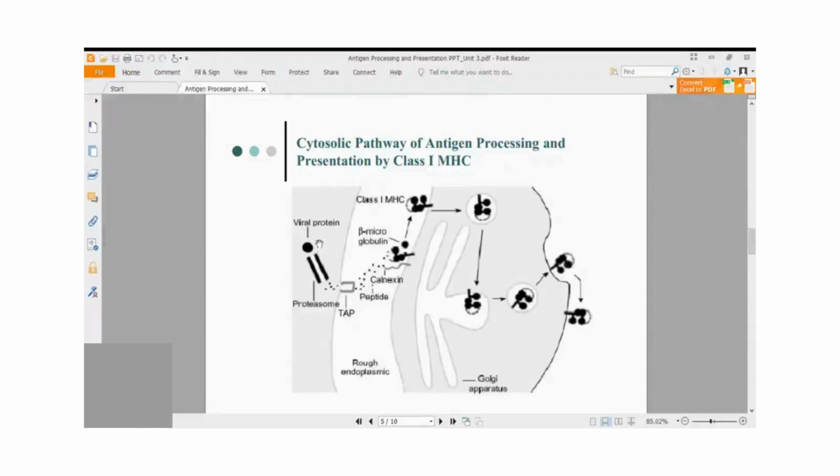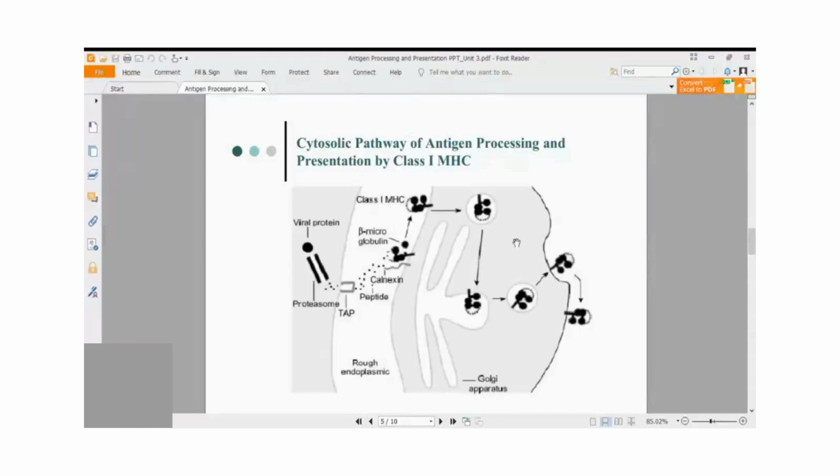So the intracellular pathogen that is there within the cell is now going to be recognized by its antigen being presented on class 1 MHC. And once that is recognized by CD8 or NK cells, you know what they do. They get attached to that particular cell.